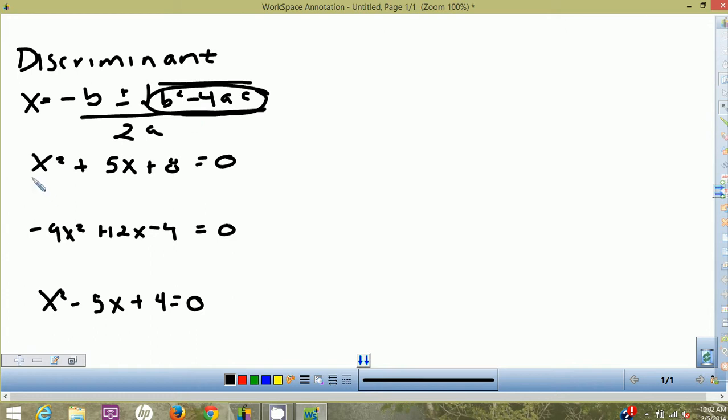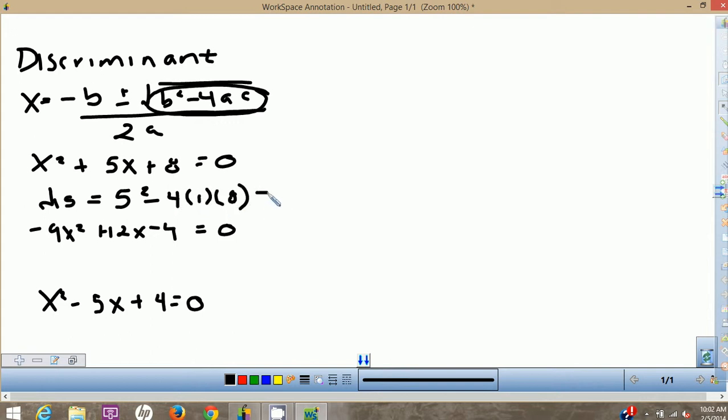So let's find the discriminant for these three quadratics. If we look at this first one, a is equal to 1, b is equal to 5, c is equal to 8. So our discriminant here would be equal to 5 squared minus 4 times 1 times 8. And if we calculate that all out, we end up with a discriminant of negative 7. In the next one, our a is equal to negative 9, our b is equal to 12, our c is equal to negative 4.